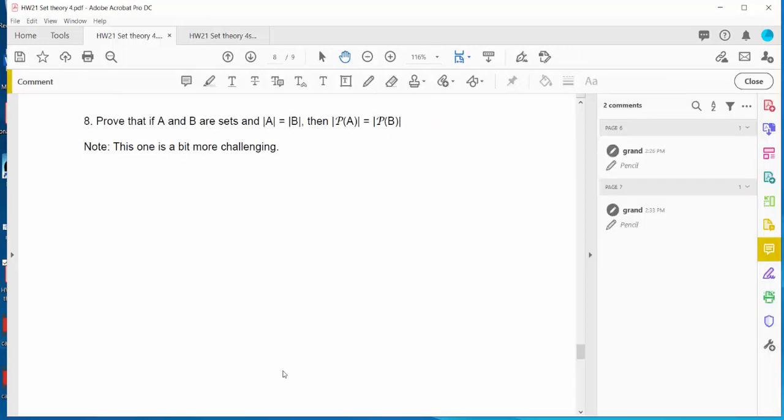So 8 says, prove that if A and B are sets and the cardinality of A is identical to the cardinality of B, then the cardinality of the power set of A is identical to the cardinality of the power set of B. Now, if you just think about finite sets, it's just obvious this is correct, but we're kind of in Zeno land.